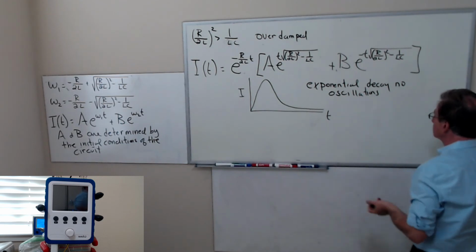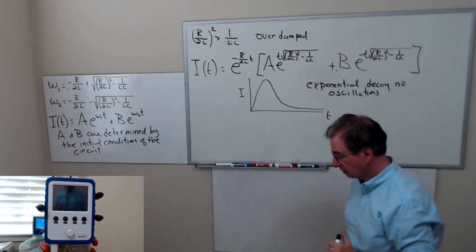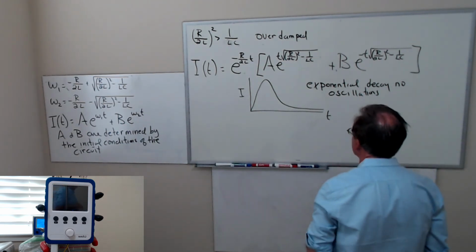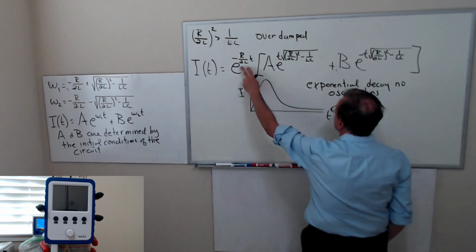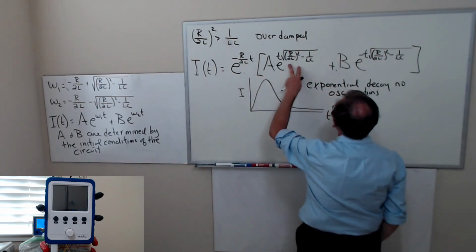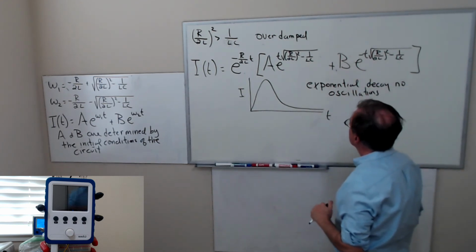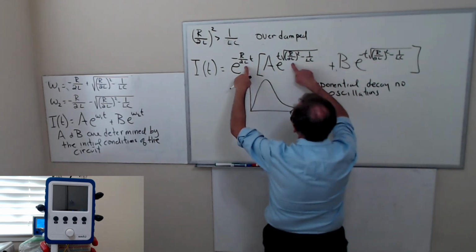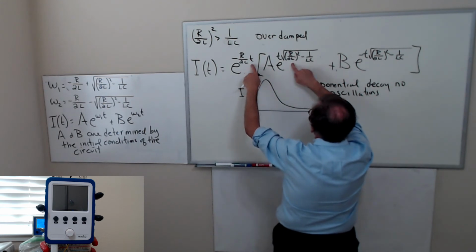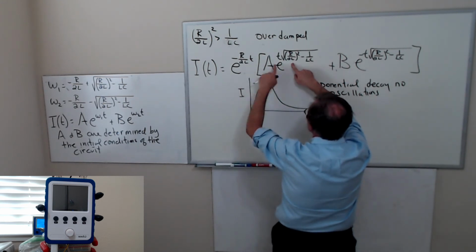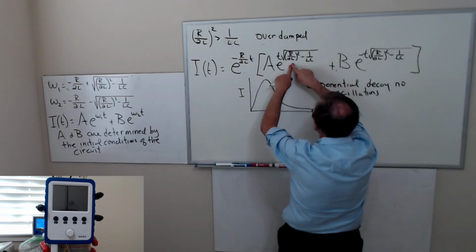So the signal decays without any oscillations. This exponent is negative, this exponent is positive, and this is negative. Okay, so basically what happens is, because of this term, the signal doesn't decay as fast as it should.